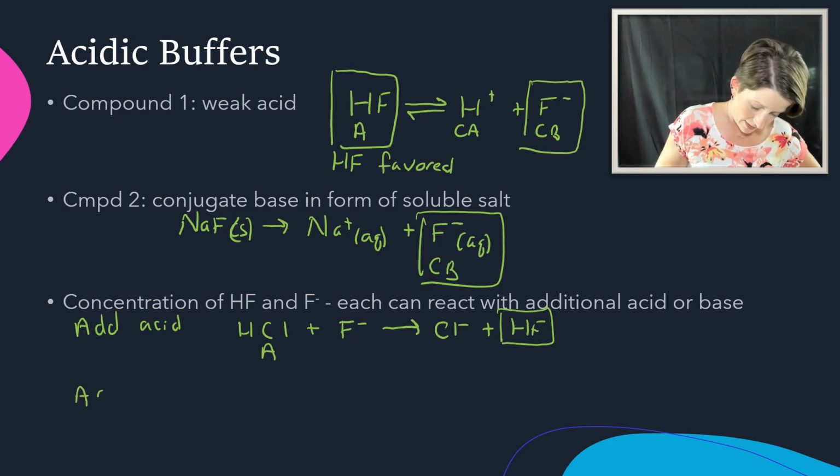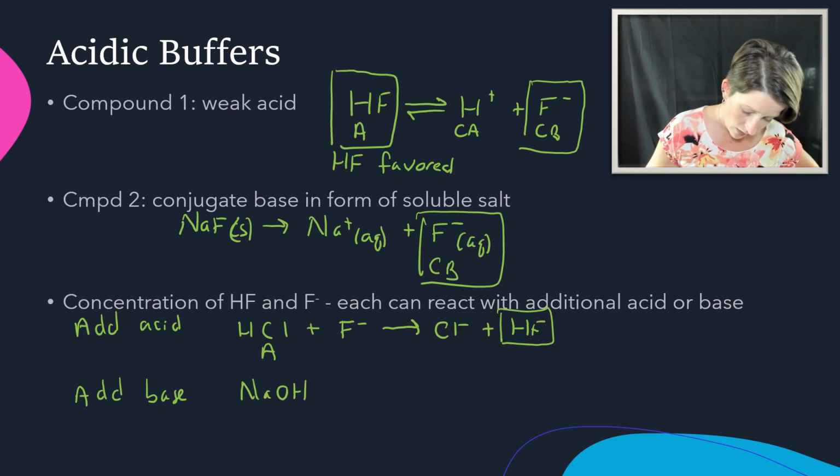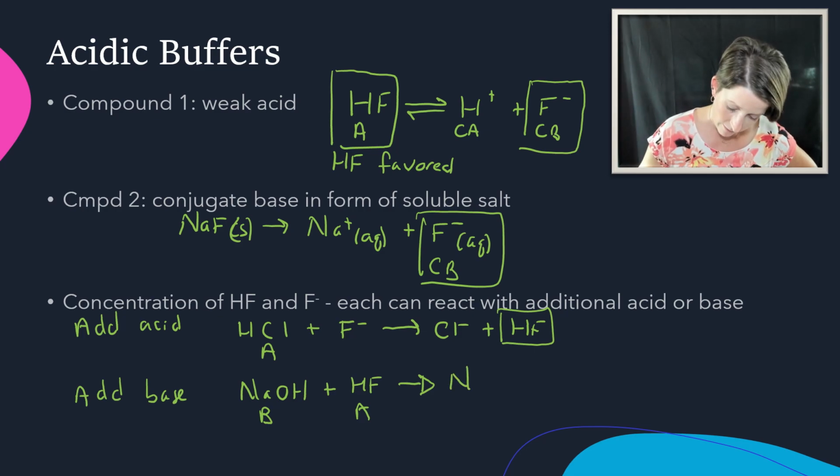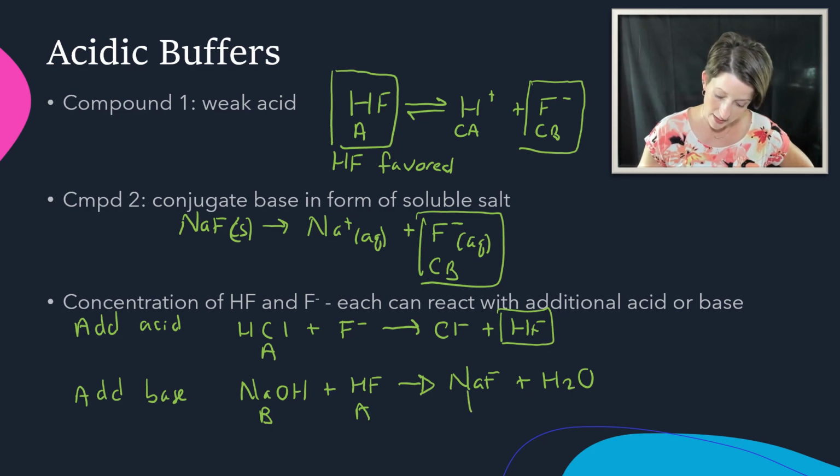Let's say we add a base. If we have sodium hydroxide, that sodium hydroxide is going to react with our weak acid. So we're going to get sodium fluoride and water. That sodium fluoride is a soluble salt. It's the salt we used to free up those fluoride ions.